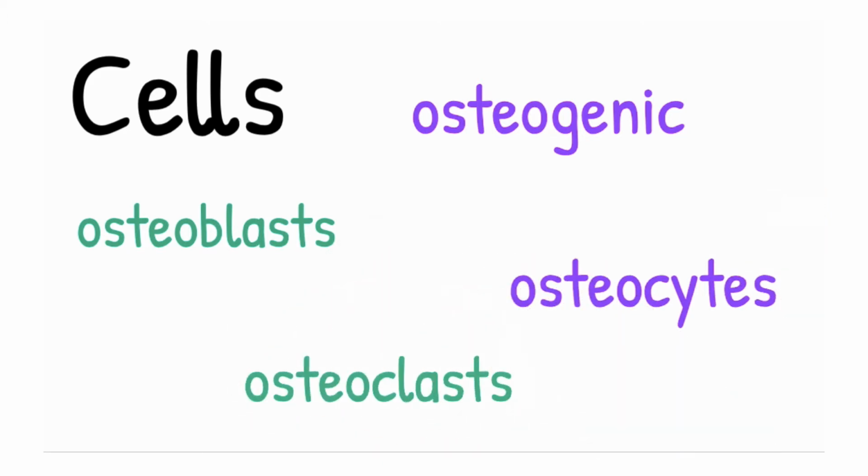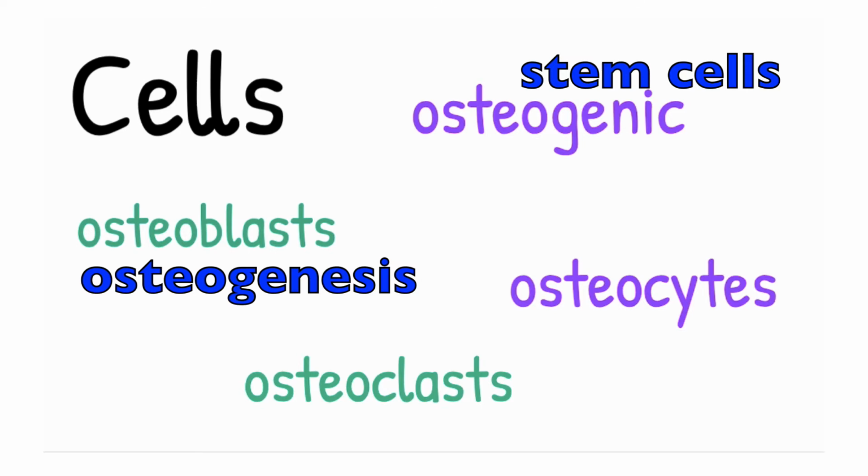Osteogenic cells are the stem cells for bone, which will give rise to osteoblasts. Osteoblasts function to synthesize the components of the extracellular matrix via a process known as osteogenesis. They are non-mitotic, so the only cells within the lineage of osteogenic cells, osteoblasts, and osteocytes that are mitotic are the osteogenic cells.